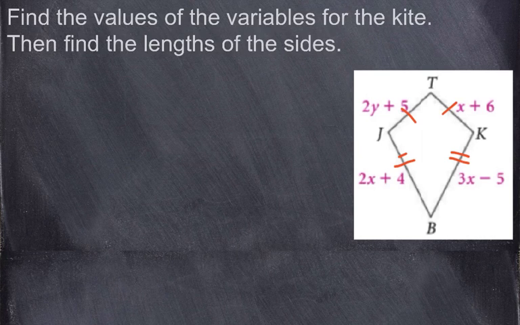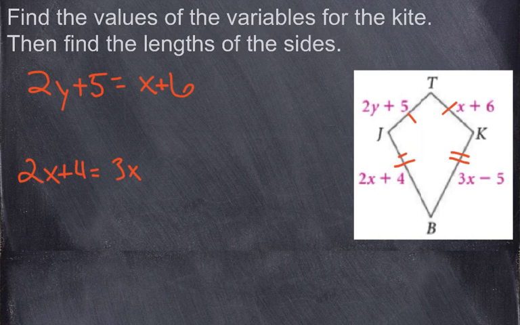Now, if you look at the top two, if we were to set these two equal to each other, you would have an equation in which you have two variables, because you have 2y plus 5 is equal to x plus 6. We can't really solve it if there's an x and a y, so what I would do is look to the bottom two. Now we do know that the bottom two, we have 2x plus 4 is equal to 3x minus 5. Well, here we have one variable, so we can solve for x.